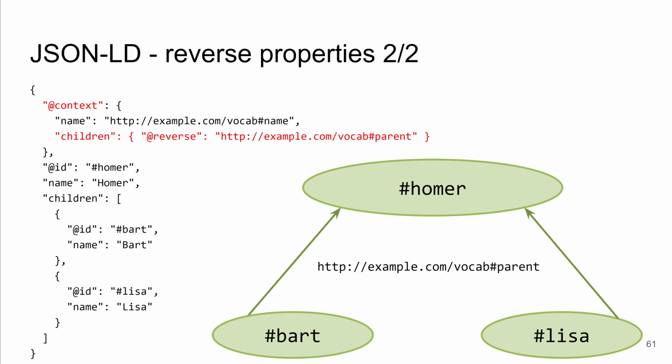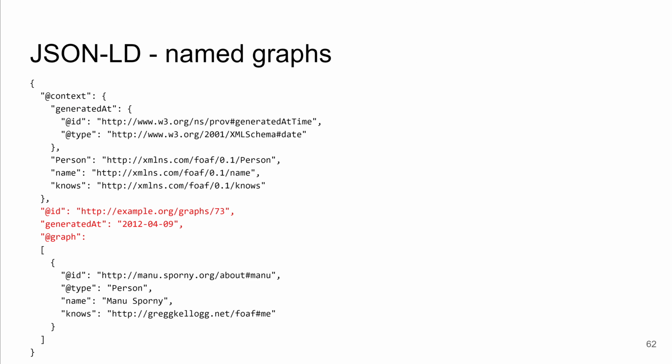So in the context, we create a new mapping for children, and we say that the mapping for children is the reverse direction of the parent predicate. In JSON-LD, there is also support for named graphs. So here, this example actually generates a named graph with the id example.org/graphs/73.